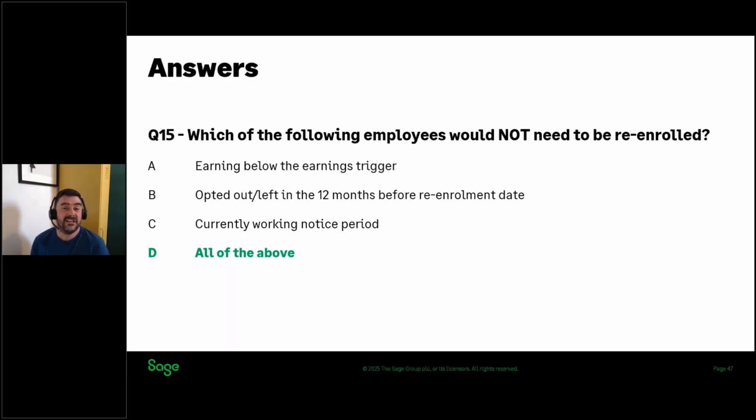So if someone had previously opted out or left the pension, they're now working their notice period, re-enrollment comes up, they can be excluded as an exception. And if you use the pensions module, you can assign an individual exclusion reason to that employee. So the correct answer is all of the above. But for answers B and C, you can put them back into the scheme if you want to.